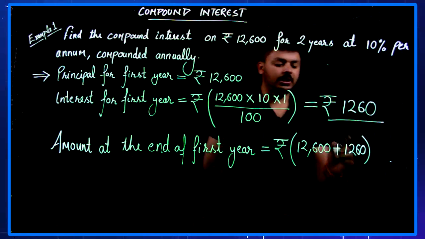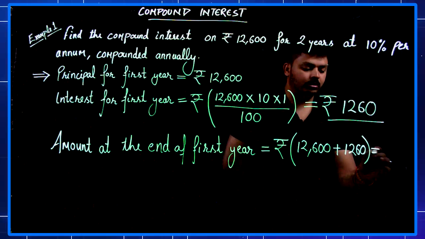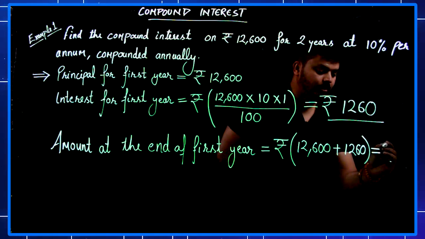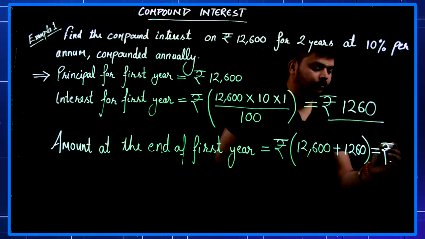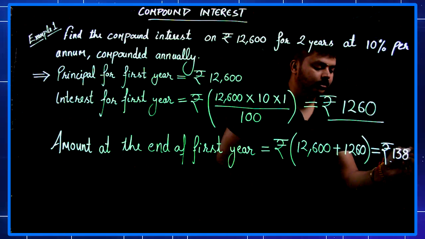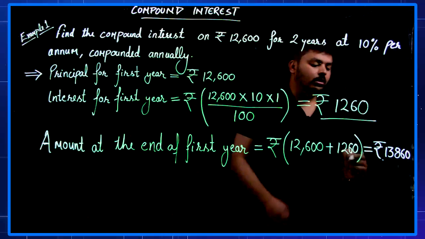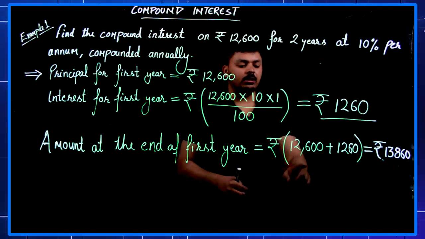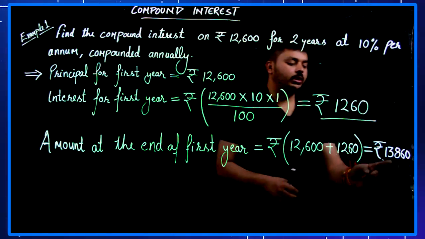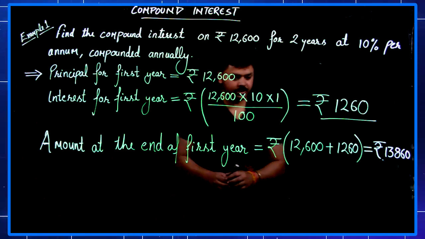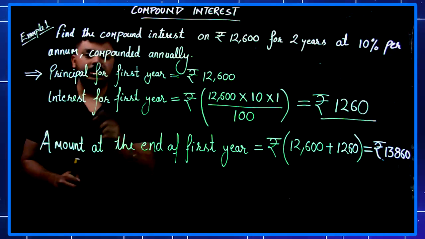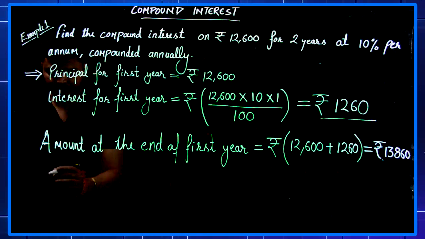So principal plus interest gives the amount, so the amount becomes rupee 13,860. So the amount at the end of first year is principal plus interest equals rupee 13,860. So now the amount at the end of first year becomes the principal for the second year.